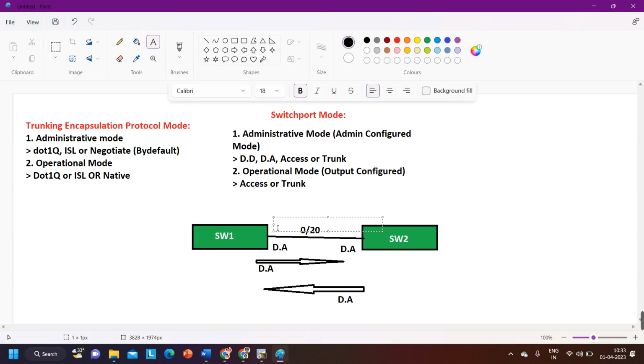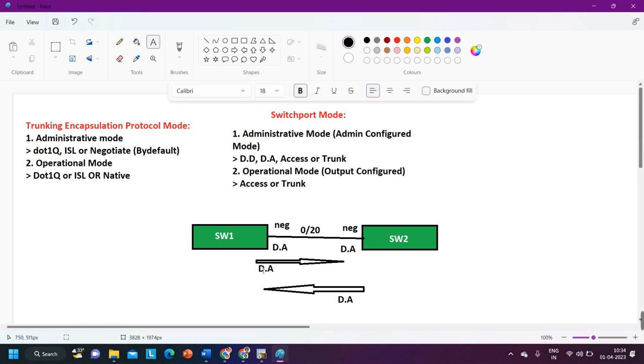Okay, so here my encapsulation protocol mode is negotiate, and here also it is negotiate. Okay guys, it is negotiate on both sides by default. So it will not form trunking.